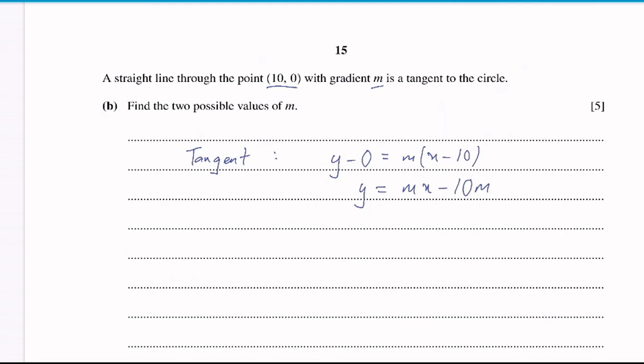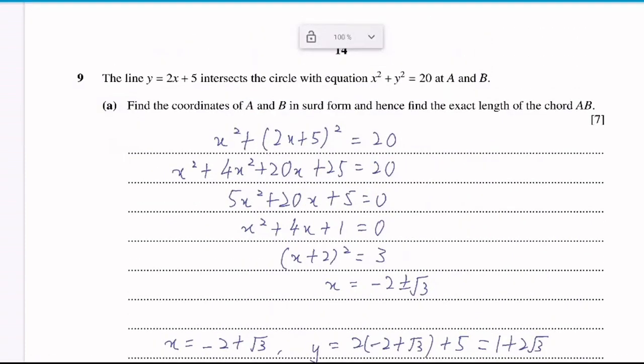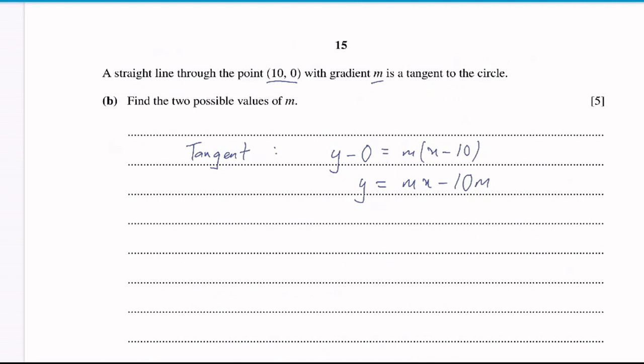One root, because it is just touching the circle there. So we substitute this into the equation of the circle earlier, x squared plus y squared equals 20.